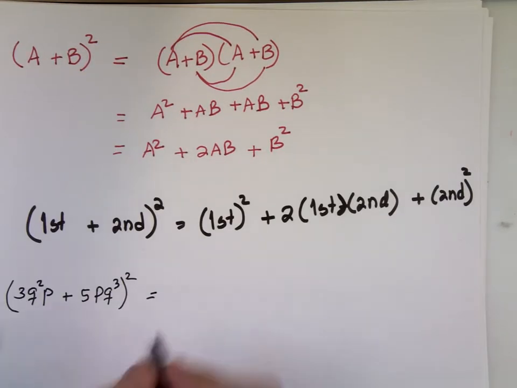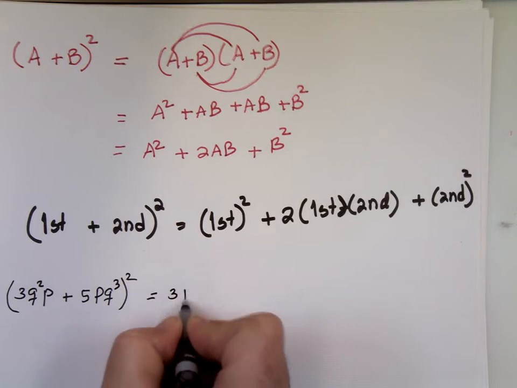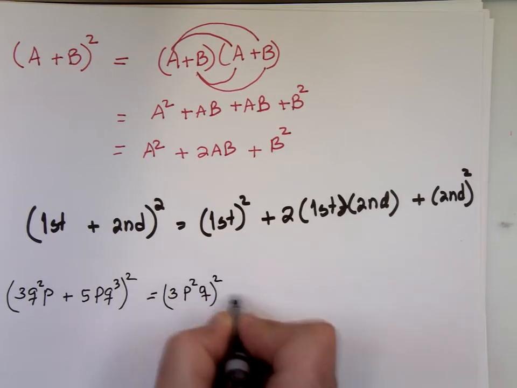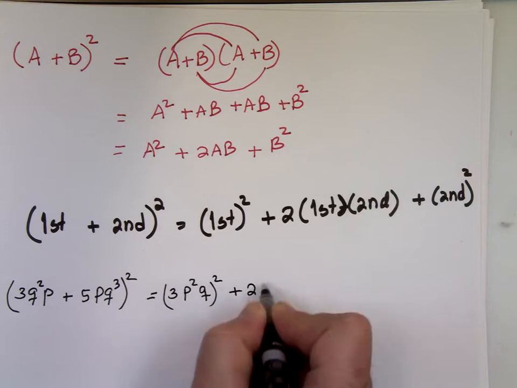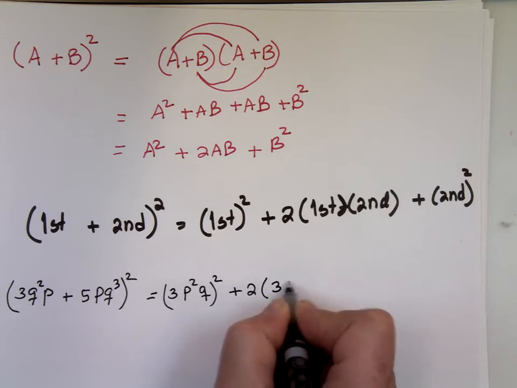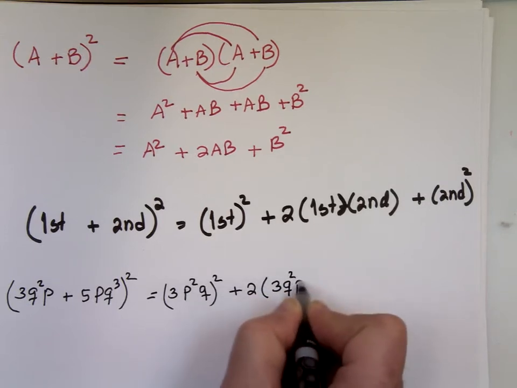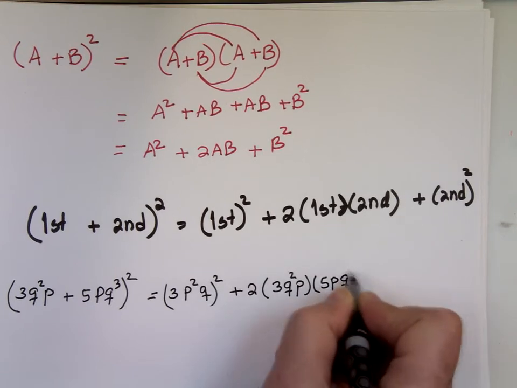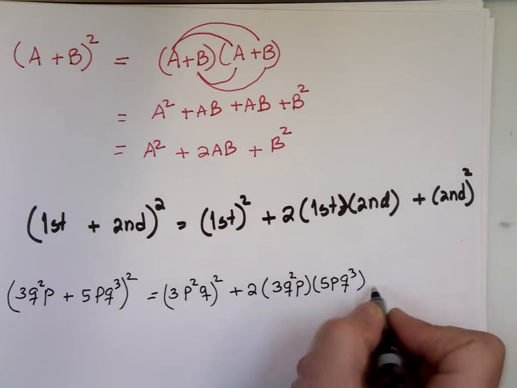Square the first one. Two times the first times the second. And square the second one.